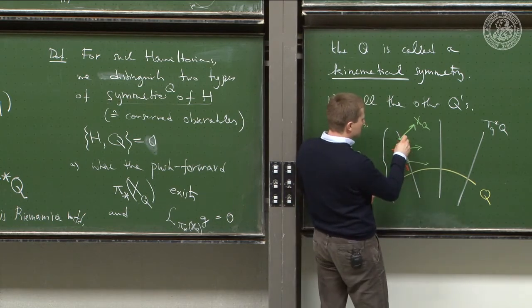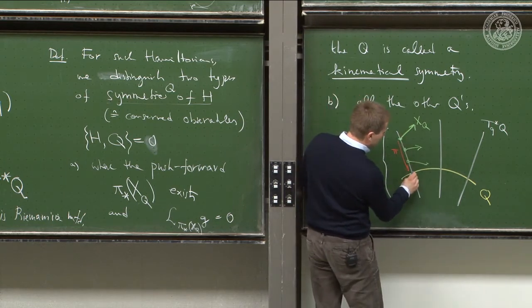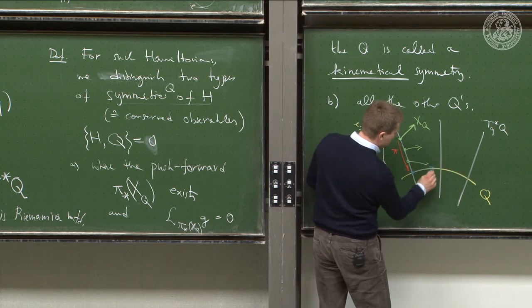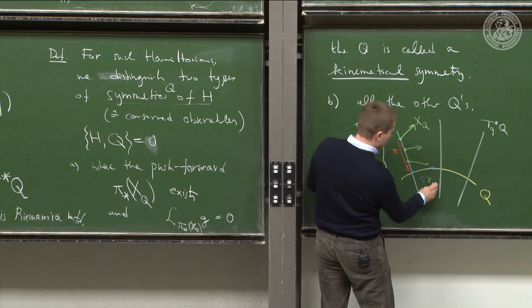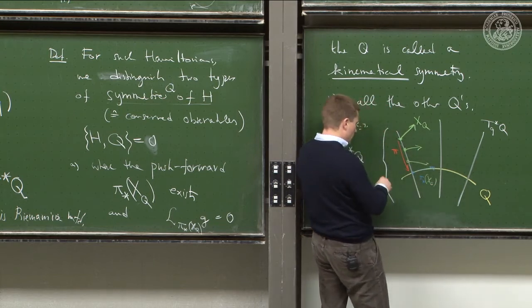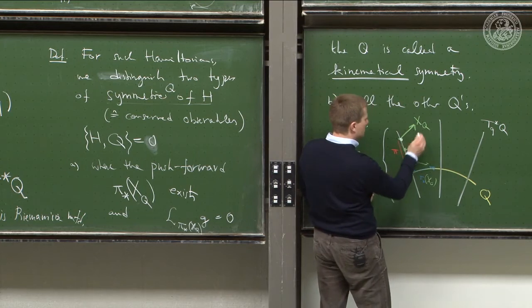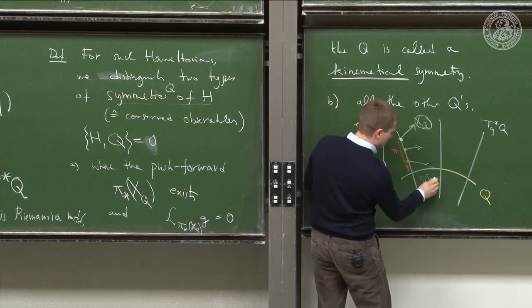I can now take this individual vector and map it down here and say it's mapped to this vector. So say the blue one is the push forward of this green one up here, namely the one at this point here, so this particular vector.